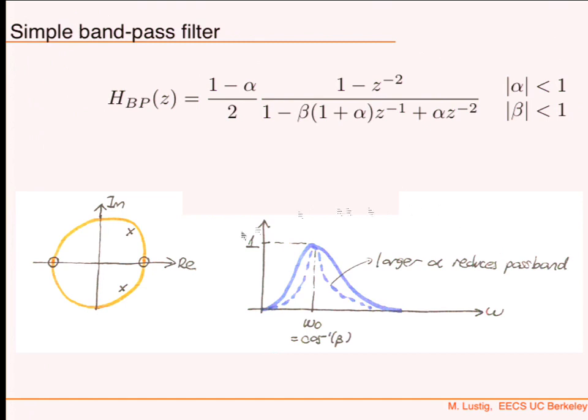So again, you have zeros that hold the frequencies 0 and pi, and then poles that amplify your magnitude response at a particular frequency.